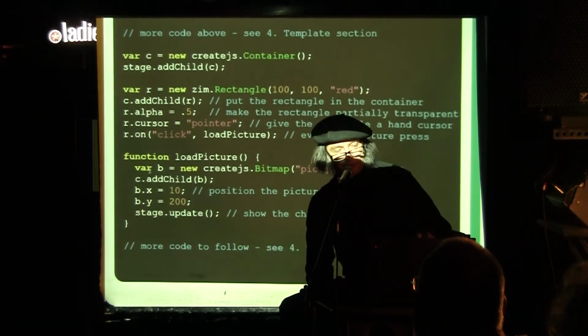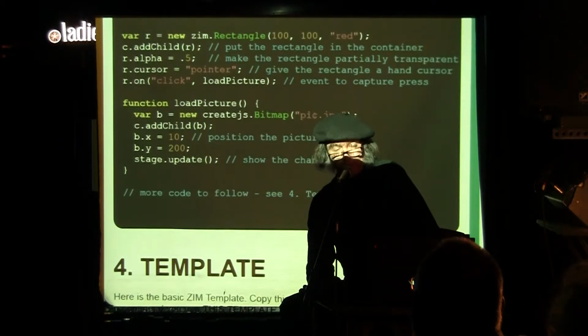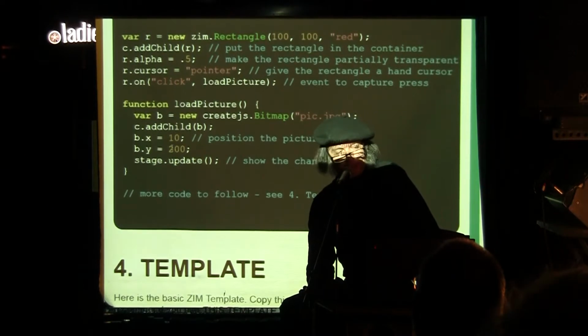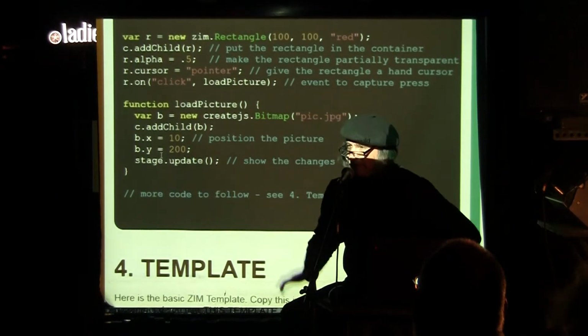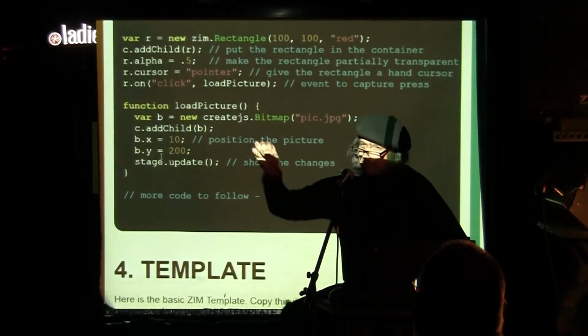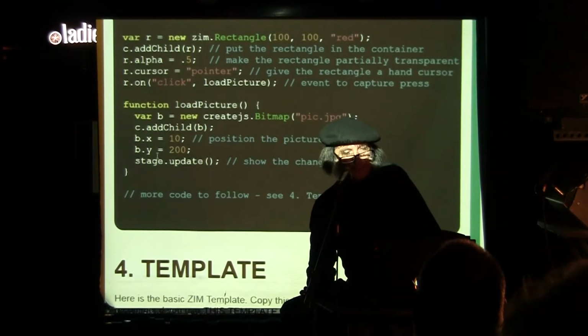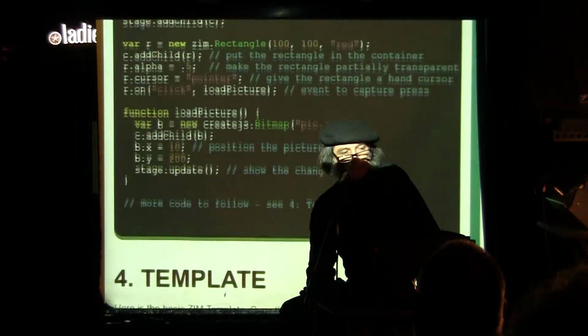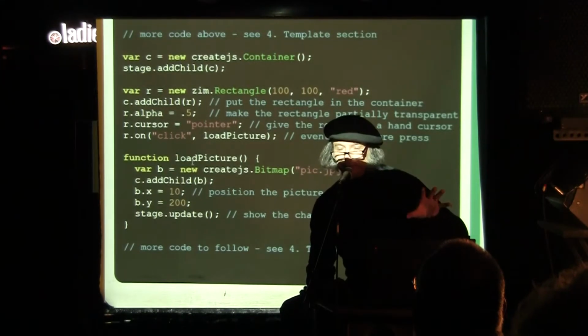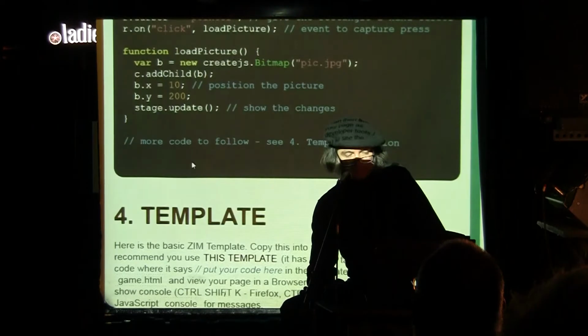And here's the function load picture, and that brings in a picture, a bitmap, and you can set its X and Y. You know, it's nice having X and Y, so we don't have to take the pixels off of the style and use left and all that kind of stuff, which is a pain in the neck. And then a stage.update. So that's an example of what coding in Zim to make assets looks like, and indeed in CreateJS.